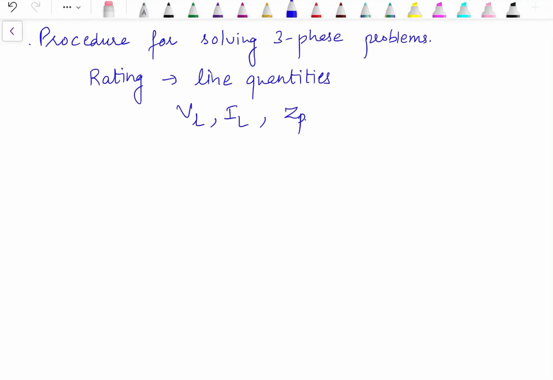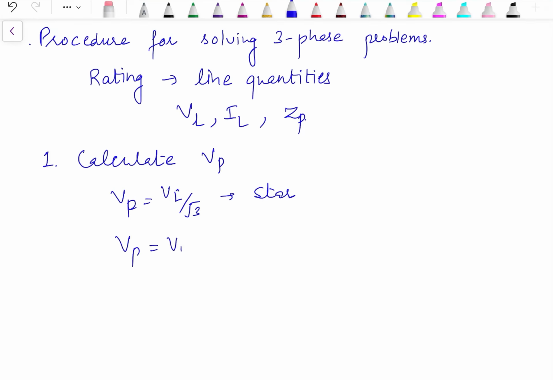So our first step is to calculate the phase voltage, Vp. Now Vp is equal to VL by root 3 in case of star connection, and Vp is equal to VL in case of delta connection.